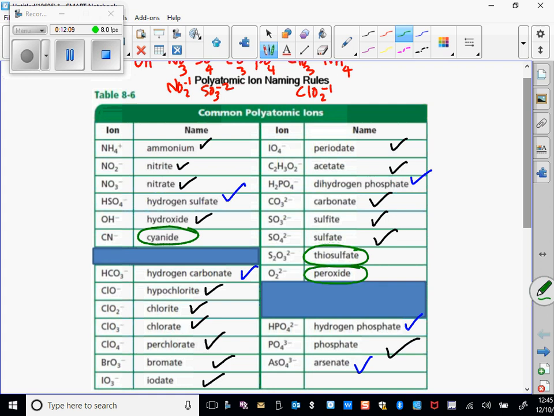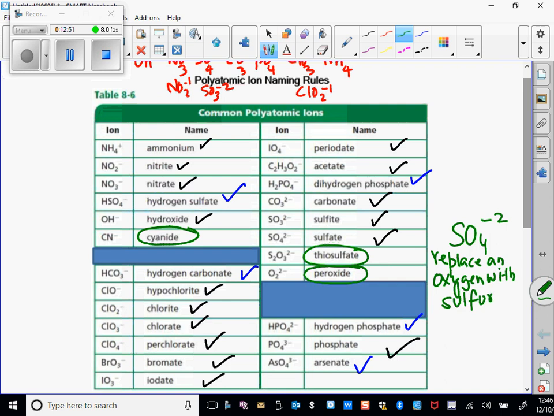All right? Now, thio is also not that difficult. You have sulfate. Are you with me? Yes. So, how many oxygens do we have? 4. Is that right? If you replace one of the oxygens with sulfur, what are you replacing the oxygen with?